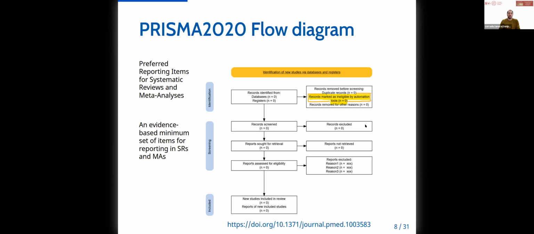And as you can see in the 2020 update, there is a field in which automation is included. So it started to be actively considered in the creation of the flow diagram.